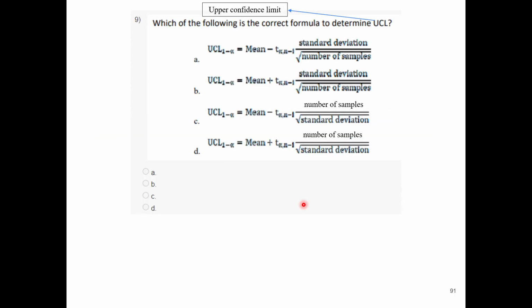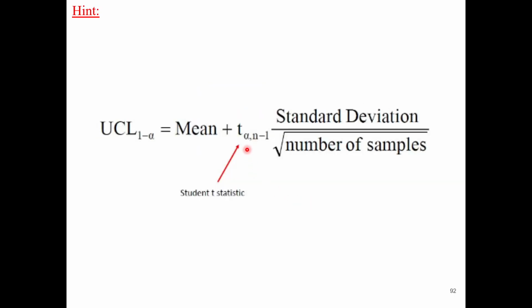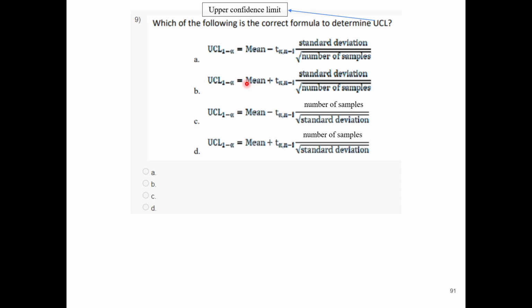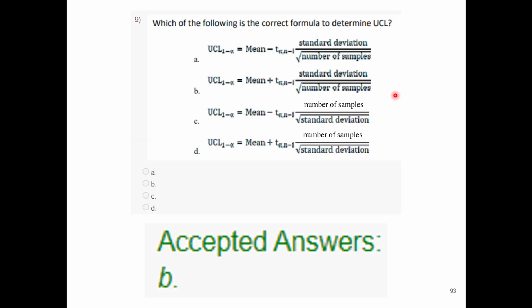So if you compare, this is the same as mean plus T alpha n minus 1 into standard deviation by square root of number of samples. B is the correct option.